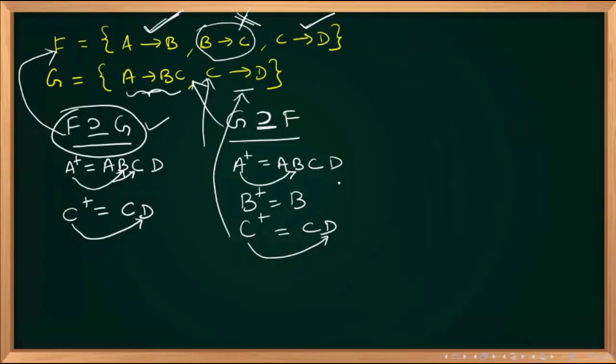It doesn't mean that AC to C requires AC to be there here also. If there is redundancy, you can remove it, and after that we can check. Logically, all the functional dependencies of one should be covered by the other. So G covers F is wrong.